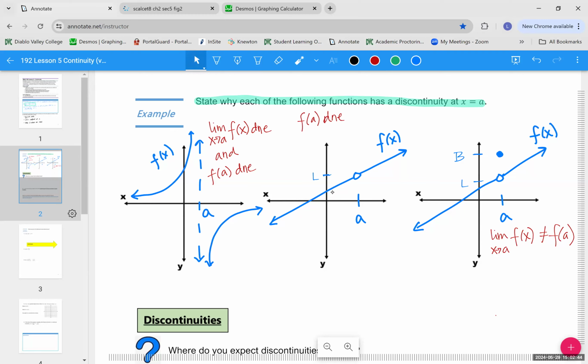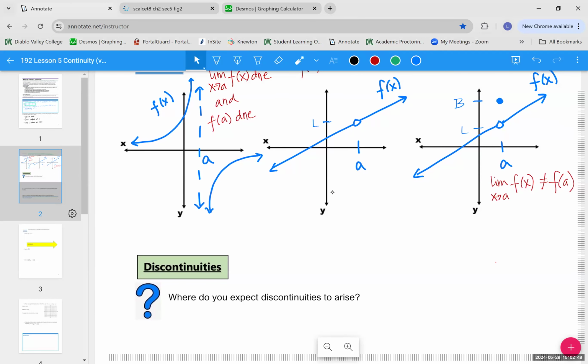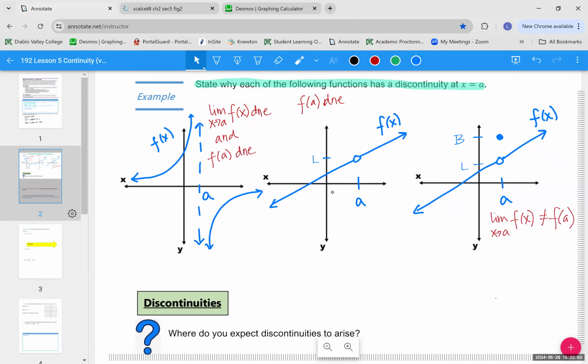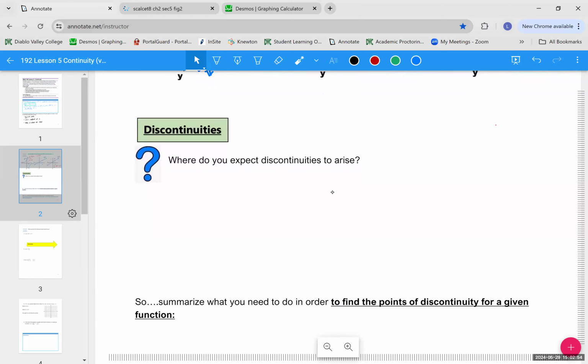So after looking at that, we might think about, well, where would we expect to see a discontinuity? I mean, when does a limit not exist? Let's start there. So when the limit as x approaches a does not exist, when does that happen? So it definitely happens at vertical asymptotes.